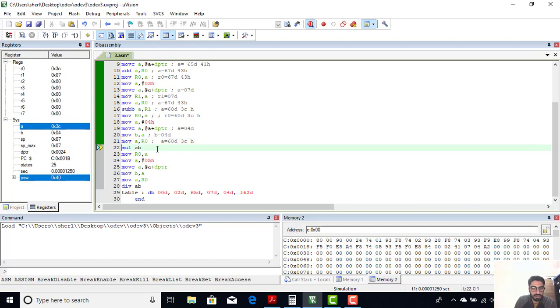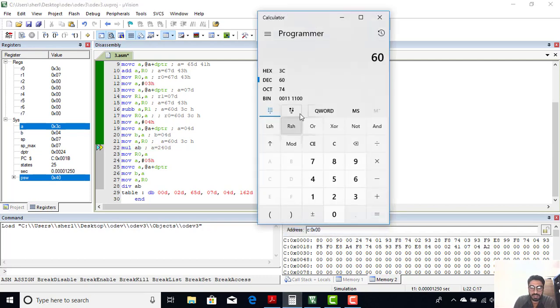Then multiply. Okay, let's multiply A and B. Just multiply it. 60 multiplied by 4, A is going to be equal to 240 decimal.